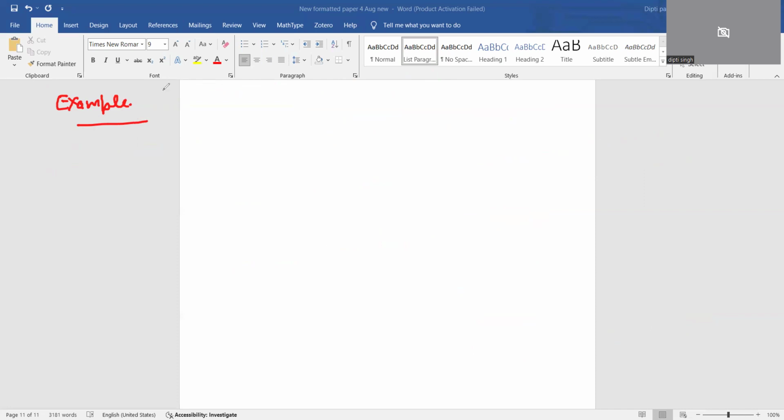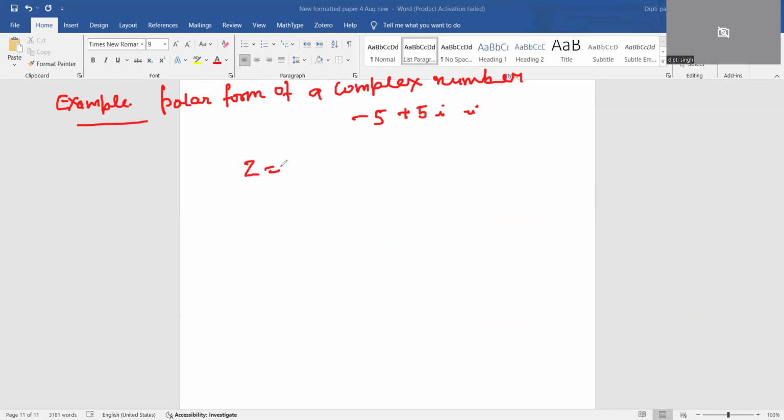Polar form of a complex number. Here the complex number is given, minus 5 plus 5i. So we know that the polar form of a complex number is z equals r e to the power i theta, where r is the modulus.